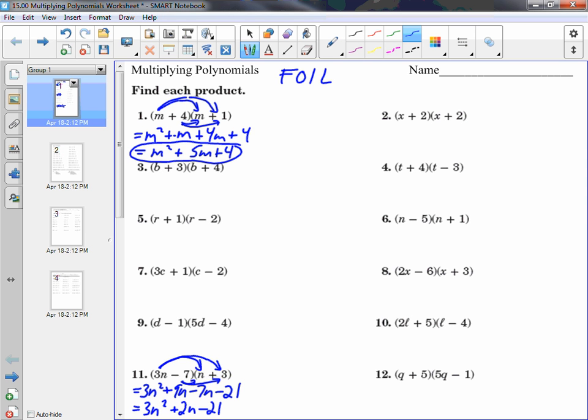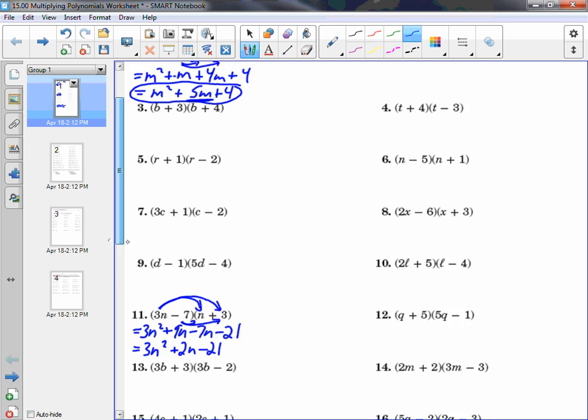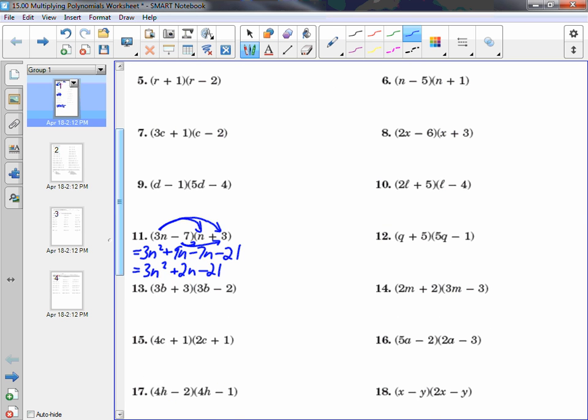So as you're working these, don't be so concerned with flying through here, getting the answers. I want you to notice some things about what things are multiplied together, where that middle term comes from, the signs. Sometimes you have negatives, sometimes you have positives. I want you to notice those things so that when I point them out later on, you'll be like, oh yeah, I noticed that. Okay?